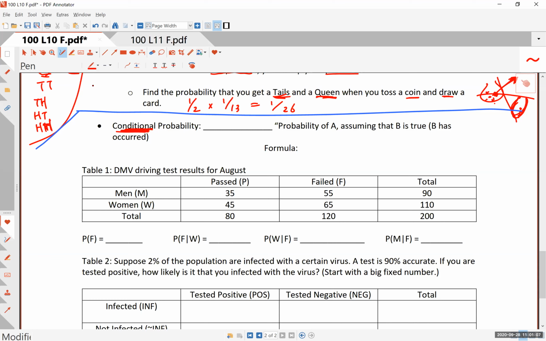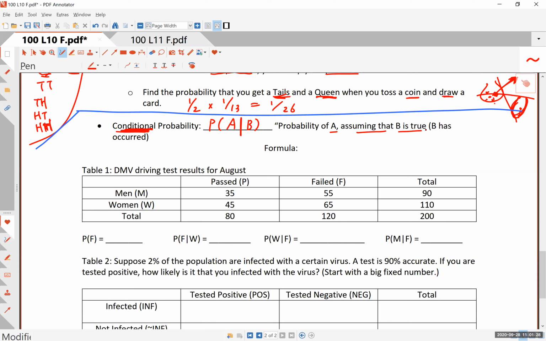Okay, conditional probability. What is a conditional probability? We denote this with probability of A with a long vertical line B. And this means the probability of A assuming that B is true.